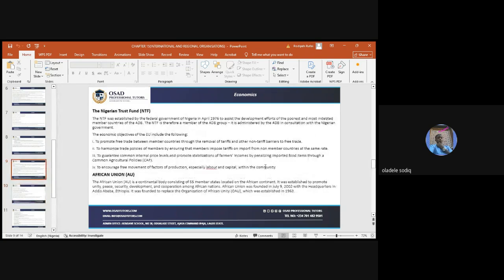Then we also look at the African Union, AU. The African Union is a continental body consisting of 55 member states. So the African Union consists of what? 55 member states located in the African continent.